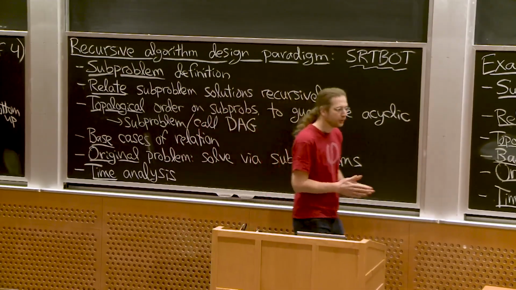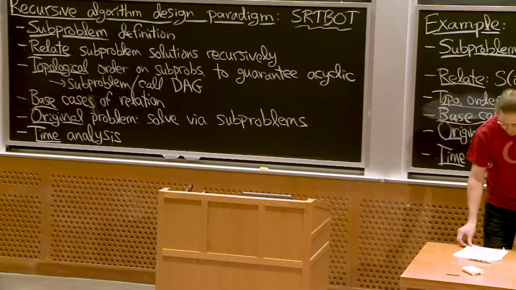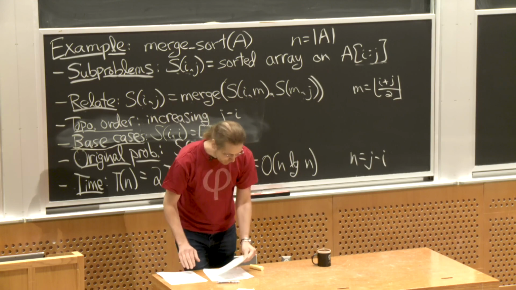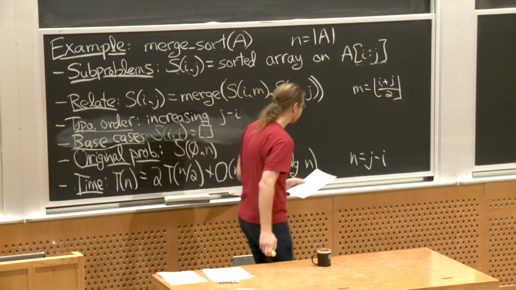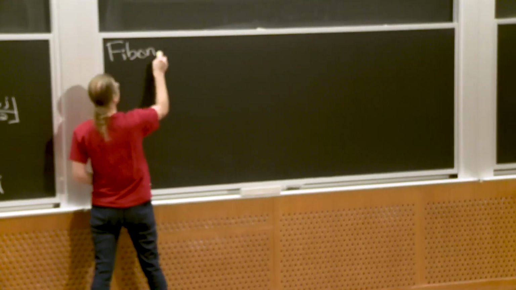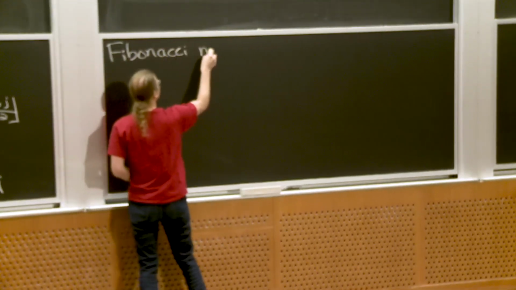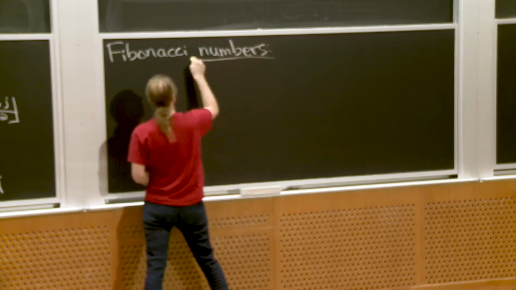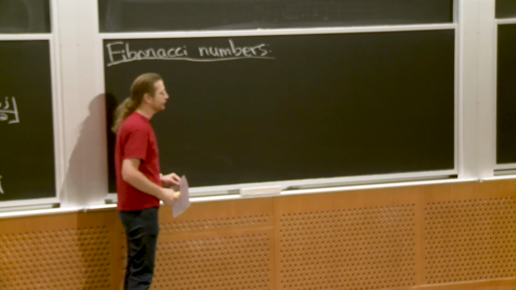Let's get to another problem that does not fit recursion so well, but we can make it better. So we're going to start with a very simple problem, which is computing Fibonacci numbers. It's really just a toy problem to illustrate a very powerful idea, which is memoization.